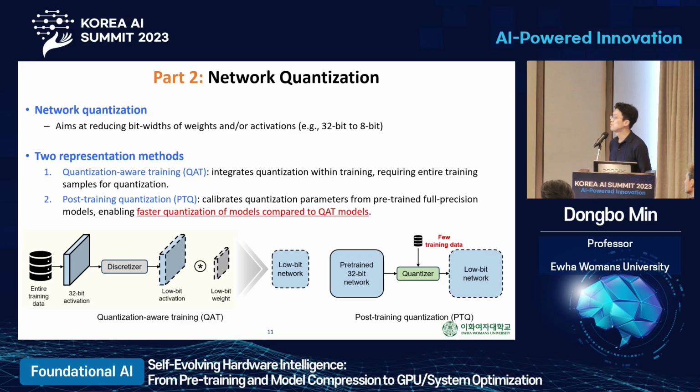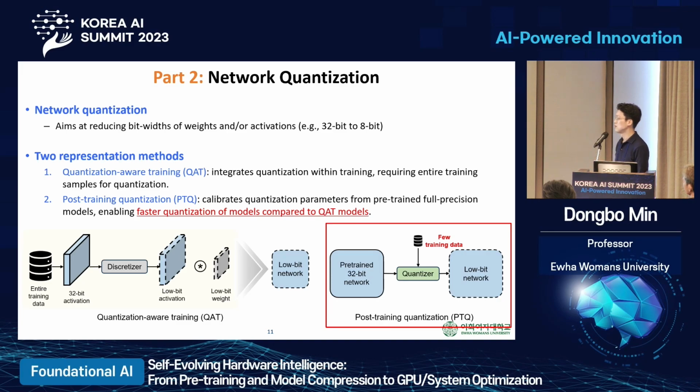But when it comes to post-training quantization, it calibrates the quantization parameters from a pre-trained full precision model so that we can get faster quantization compared to QAT. For instance, we have a pre-trained 32-bit network. We take only a few training samples; we don't have to use the entire training data set.